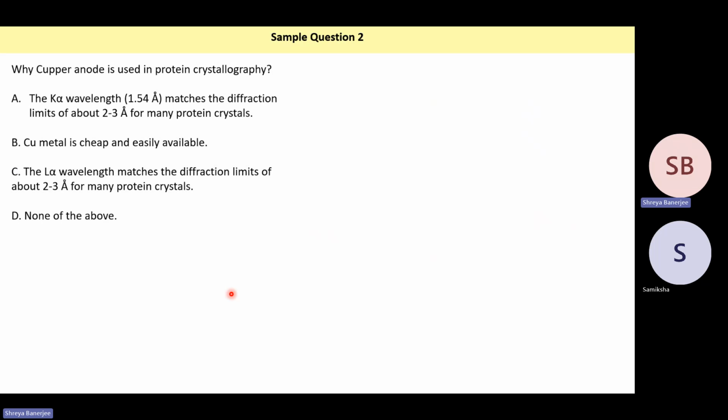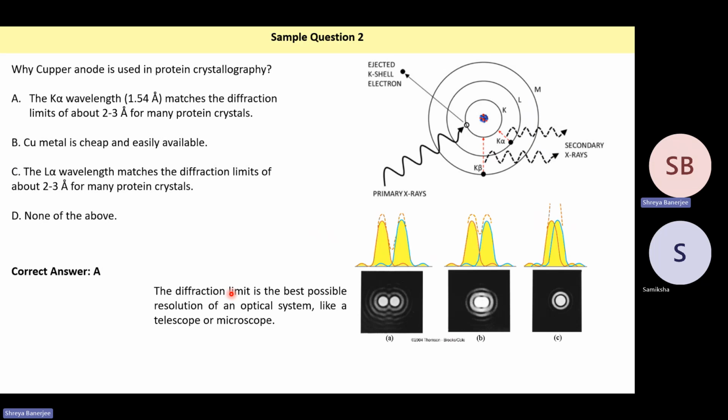The next question is: why is a copper anode used in protein crystallography? The answer is that the copper K alpha wavelength matches the diffraction limit of about 2 to 3 angstrom for many of the protein crystals.